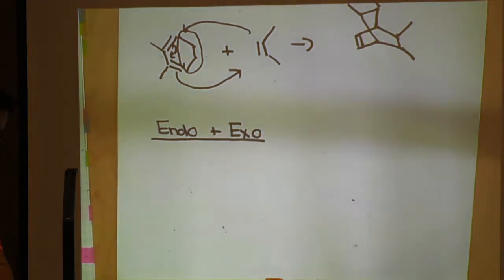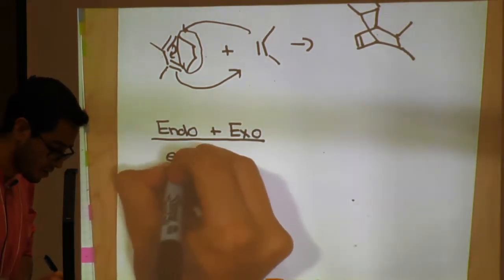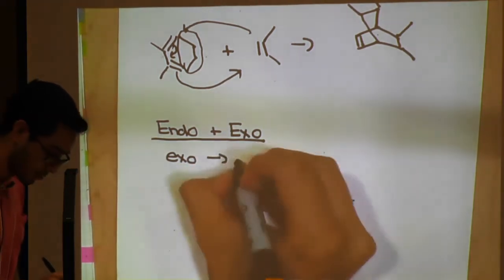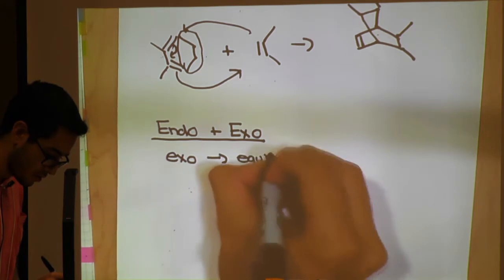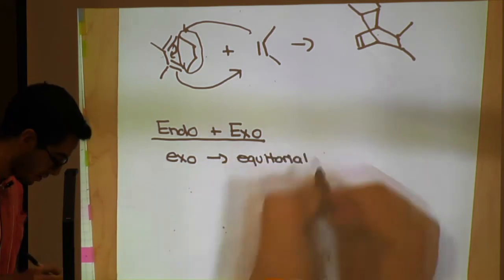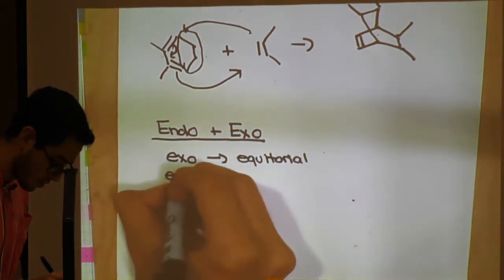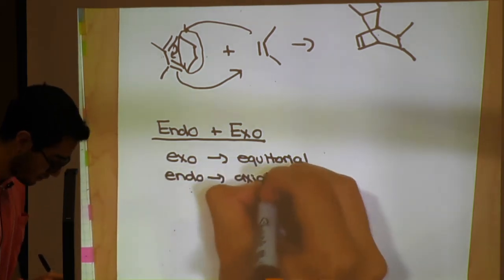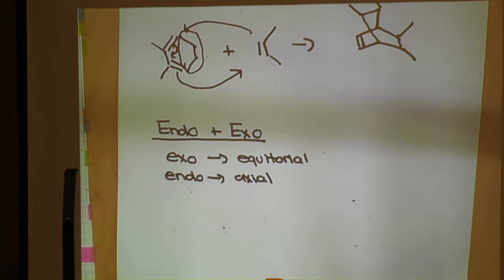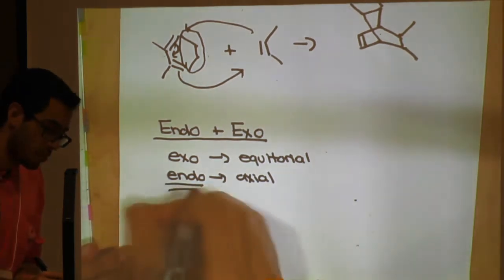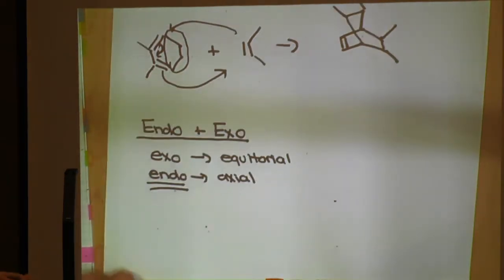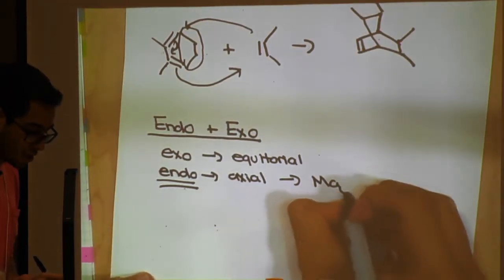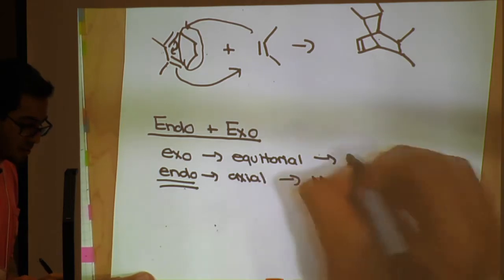So essentially, exo you can equate to equatorial, and endo is going to be axial. Now the endo product is always preferred. So the endo is going to be your major, while this becomes your minor.